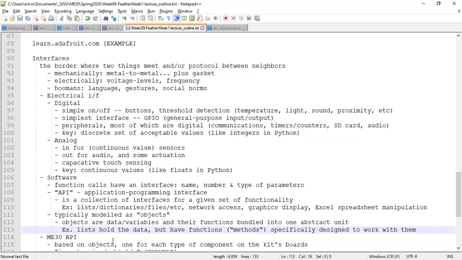So indirectly, I've already kind of talked about interfaces. An interface is basically just the border where 2 things meet, and it's not necessarily physical. It's also kind of a protocol, perhaps, between things that interact with each other. So you and I each have interfaces.